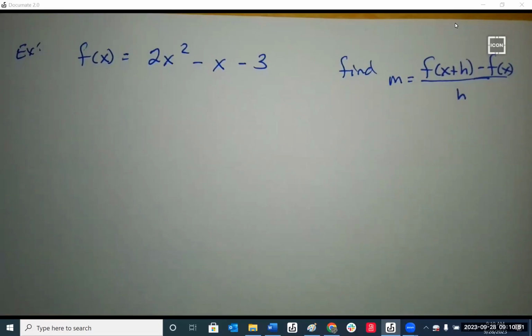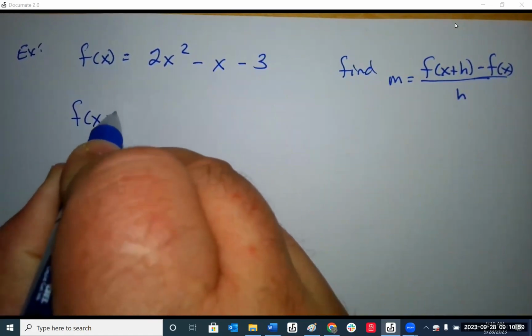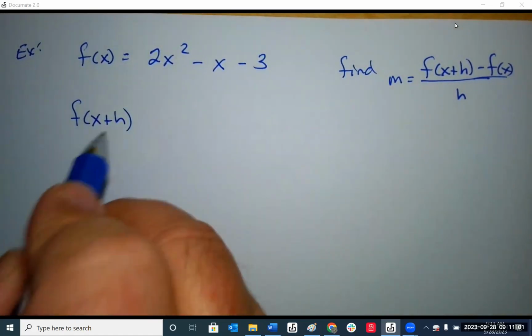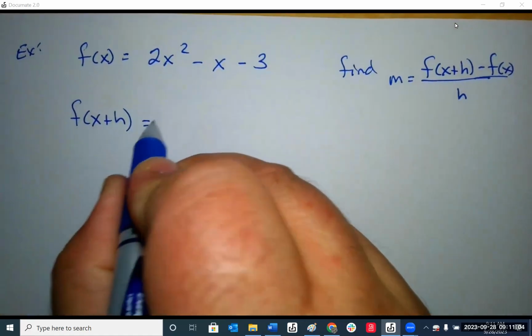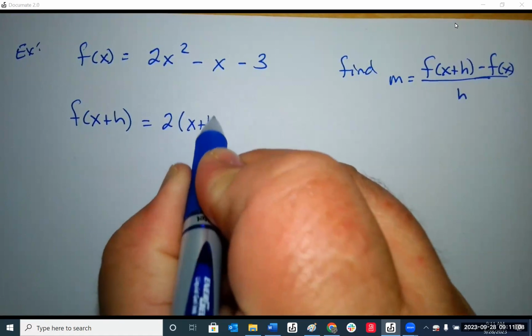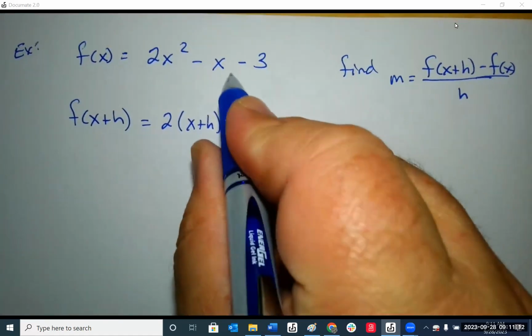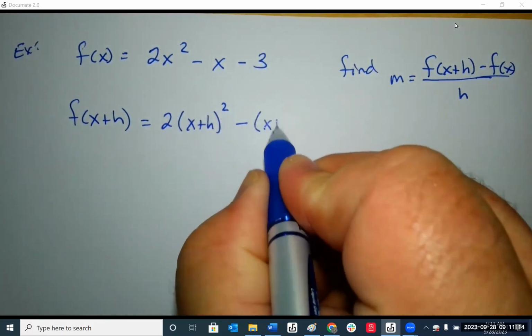What's the first thing you have to find? f of x plus h, right? So anywhere you see an x, put a plus h behind it. There's an x plus h under the square. There's an x plus h.